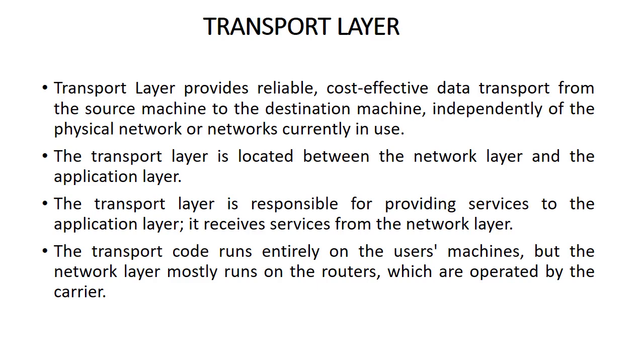Also remember that the transport code runs entirely on the user machine, but in the network layer the code runs on the routers, which are operated by a carrier. Those are the key points to remember. It offers the transmission service in a cost-effective manner.